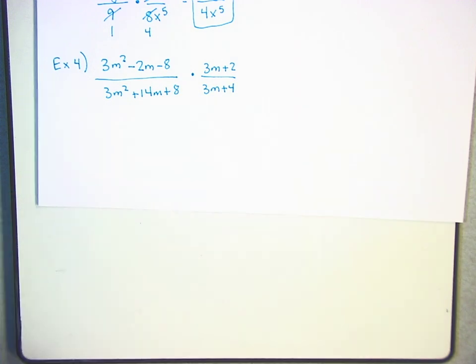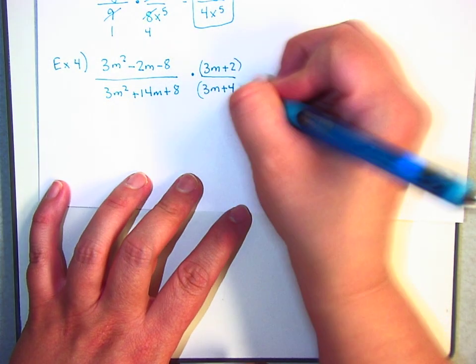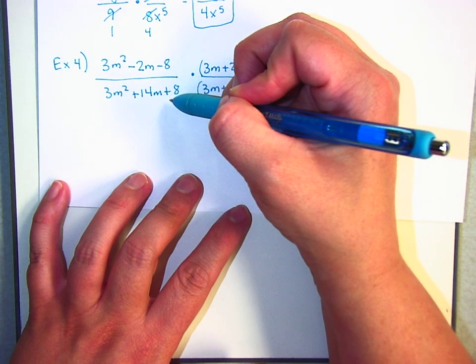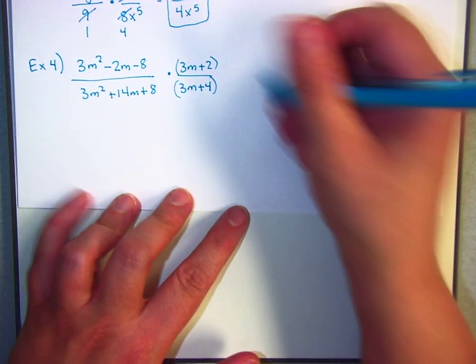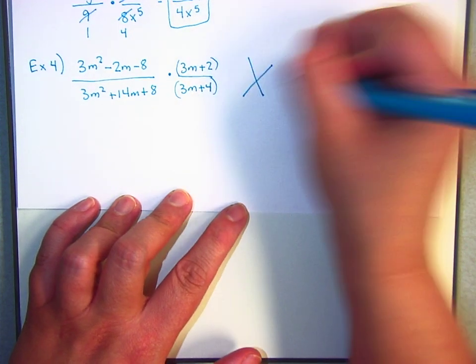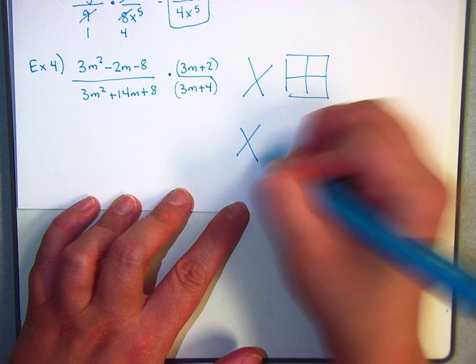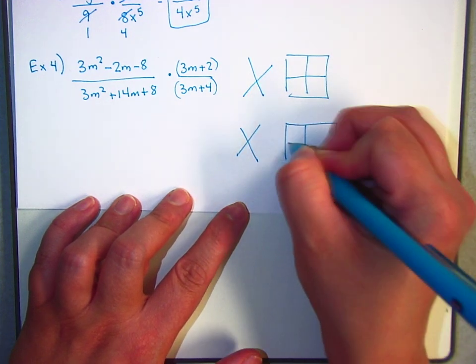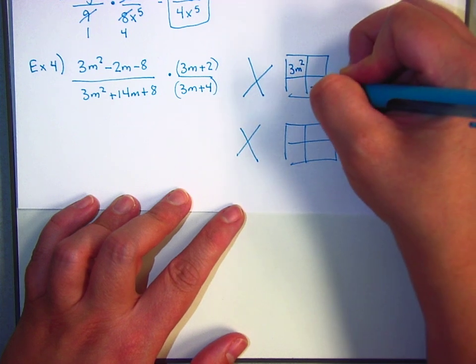These look very scary, but they're not bad at all. Essentially what we're going to do is factor this one, and then cancel out what we can. So if you want to pause the video right now and try to do an X box on your own, 2 X boxes actually, to get them all figured out and then see how you did, you can. I'm just going to run through it really quick.